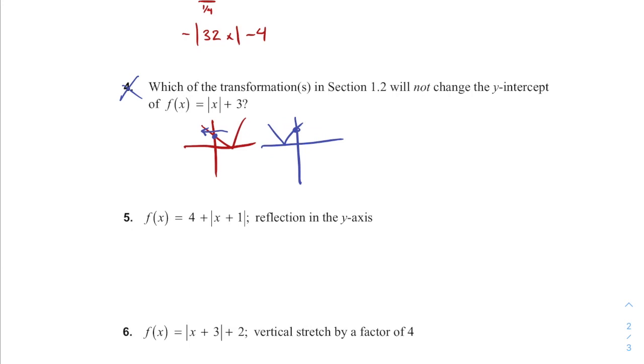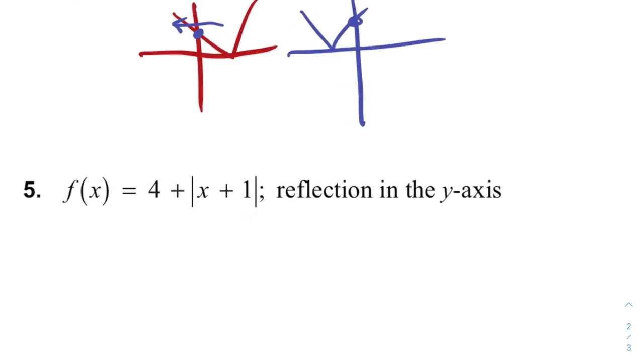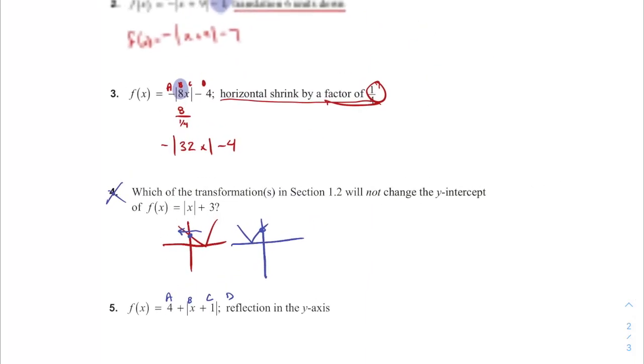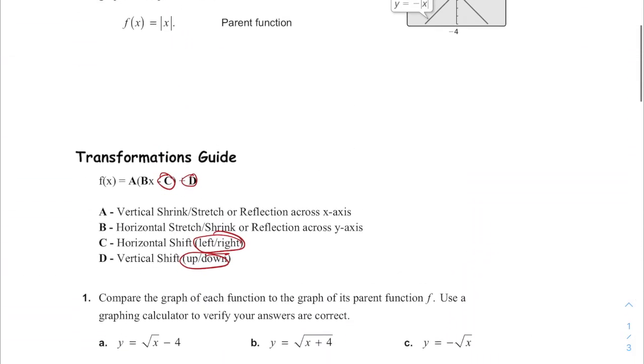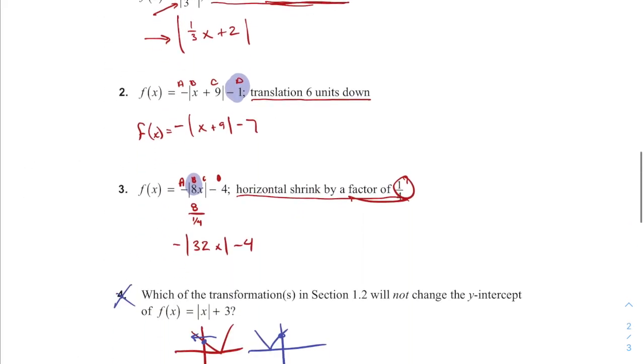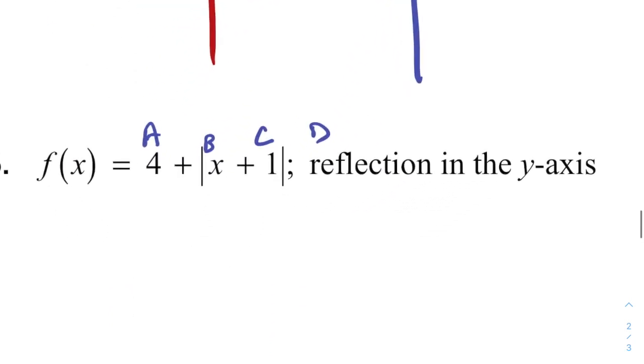So reflections. Remember that reflections across the y-axis are horizontal reflections. So you have A, B, there's not anything there, there's a C, you don't really have a D. Horizontal, because reflections across the y-axis, if you remember up here, is B. To do a reflection across the y-axis, you just simply put a negative in there, and that reflects it across the y-axis.